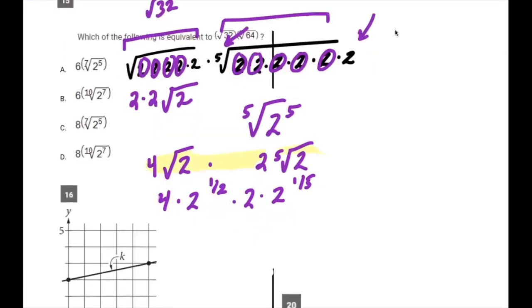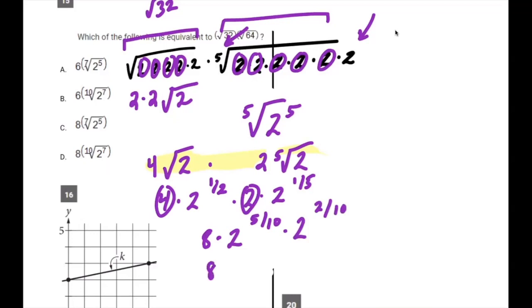So now you're just going to be multiplying terms with the same base, adding the exponents. So you can just multiply the 4 times the 2 to give you 8. And then it's going to be times 2 to the 5/10 times 2 to the 2/10.